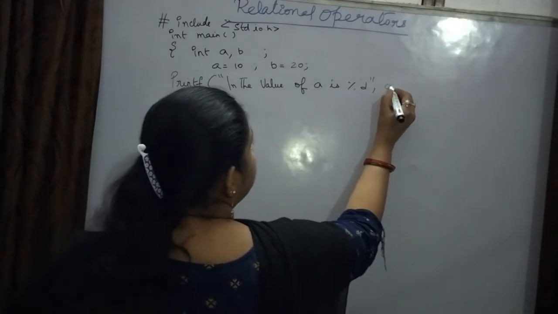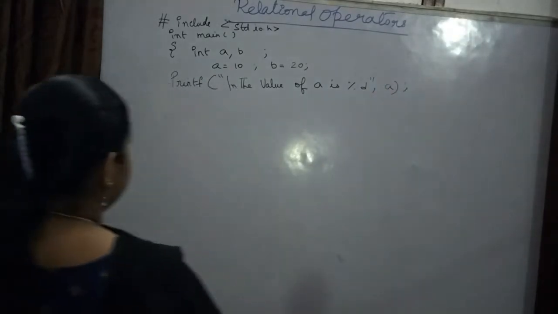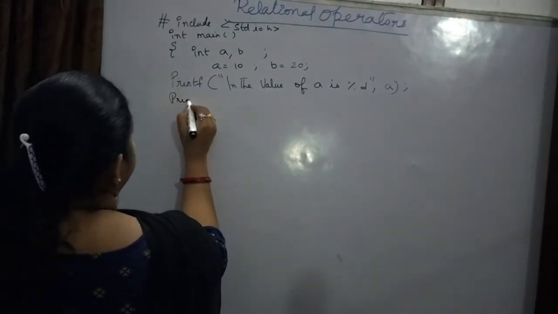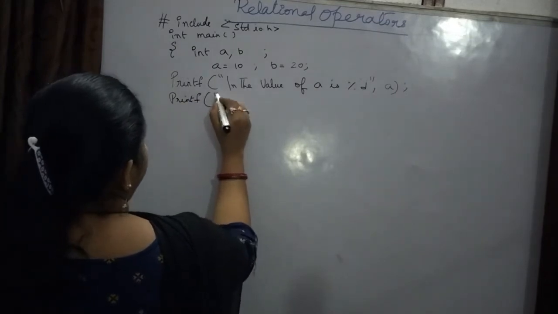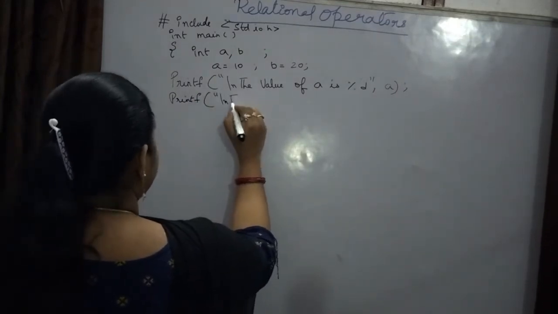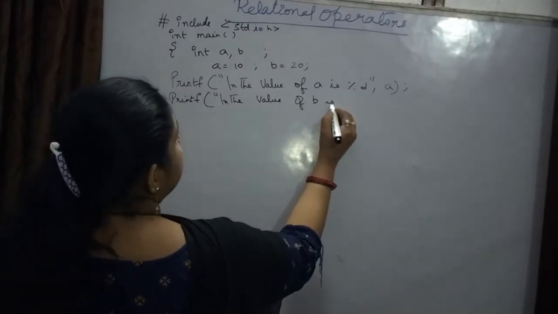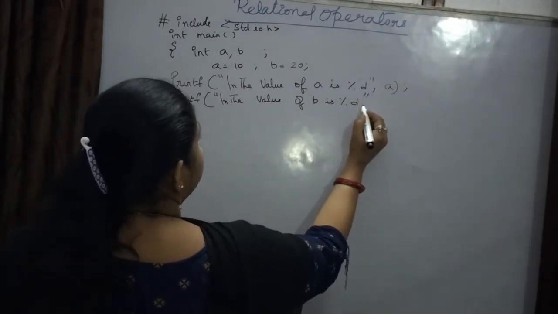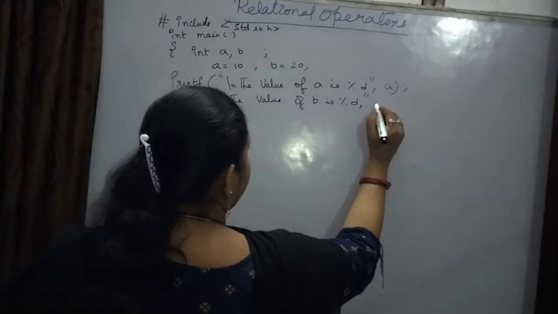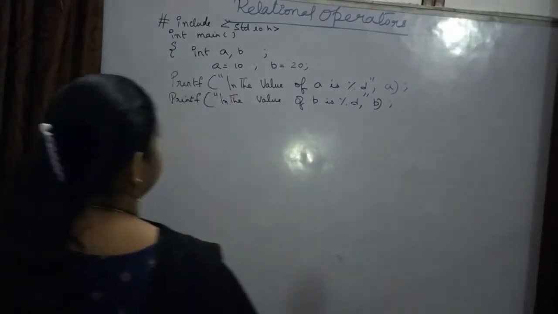In a, so I am writing a here. Next printf \n, the value of b is %d, close it, comma, and say b, close it.